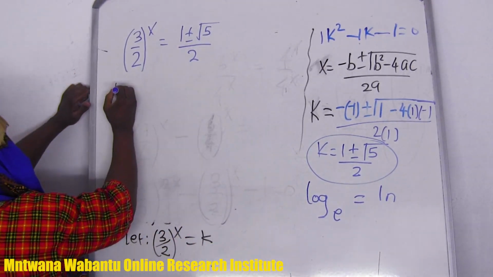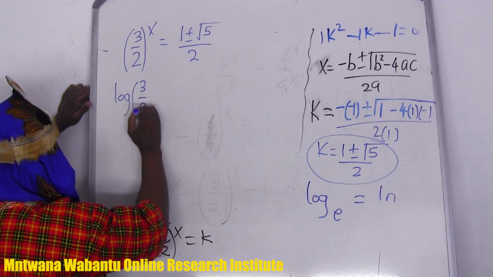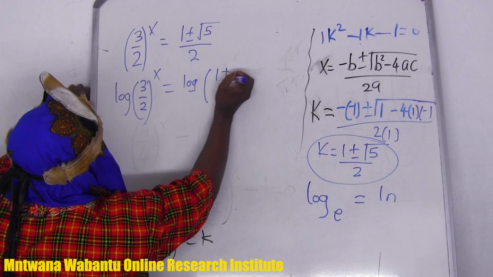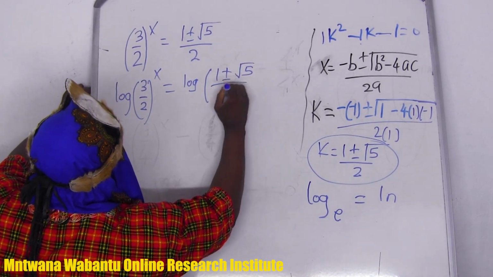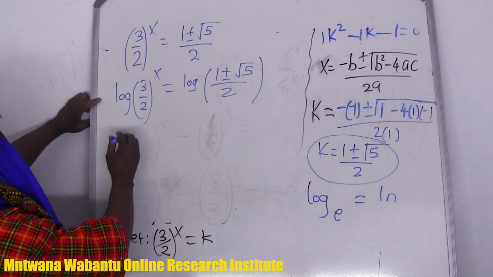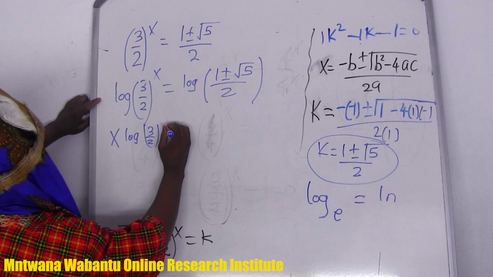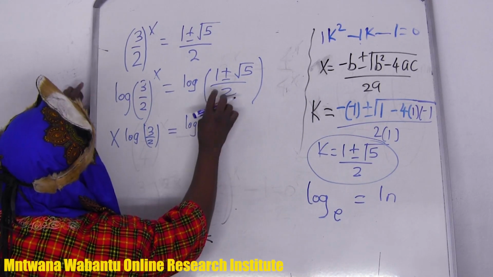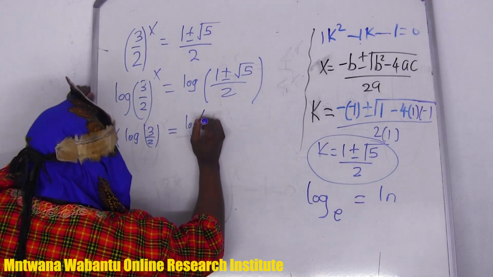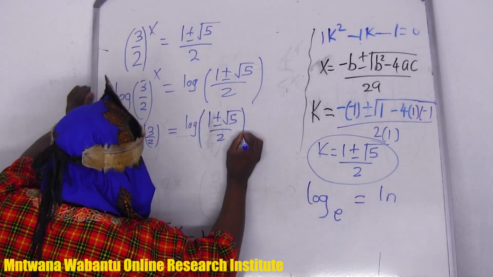So we apply log throughout, because the power is unknown. So log of (3/2)^x equals log of 1 plus or minus the square root of 5, over 2. You take this power behind, so it becomes x log(3/2) equals log of 1 plus or minus the square root of 5 over 2.